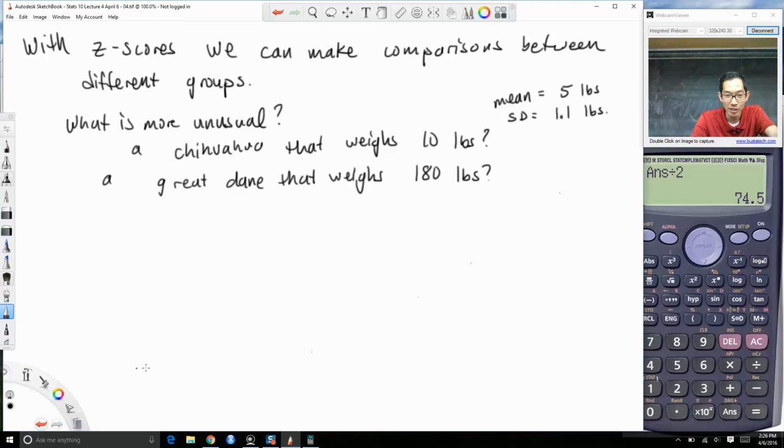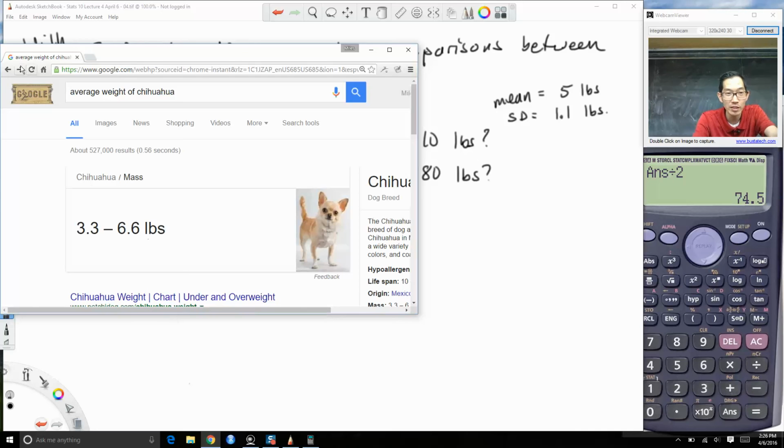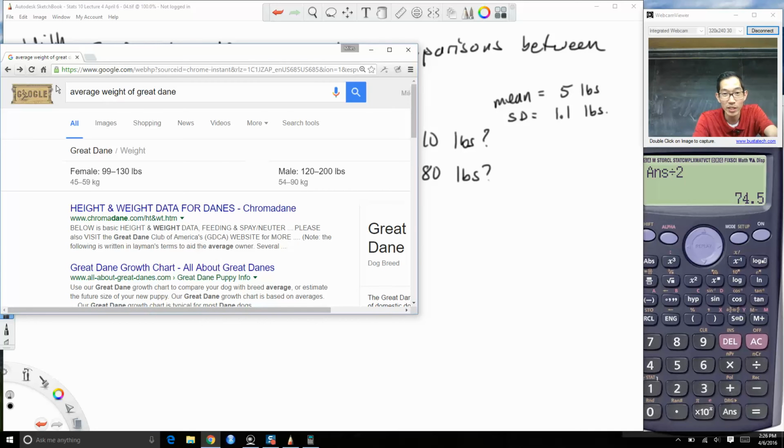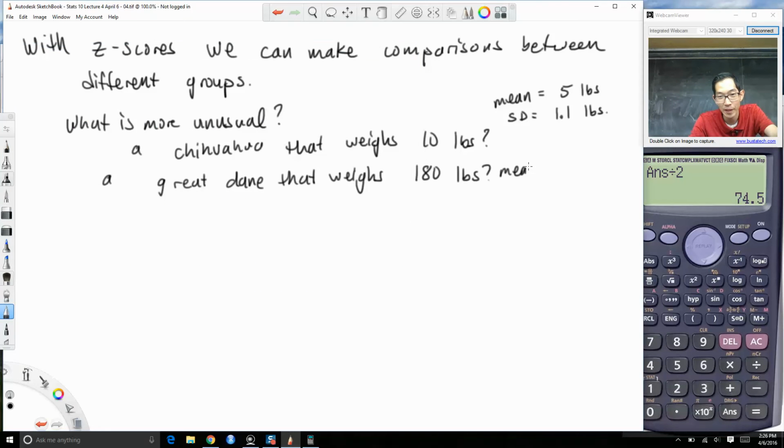And then the Great Dane, I looked this up, the average weight of a Great Dane, and here it says the males go between 120 to 200 pounds, so those are big dogs. We'll split the difference and say the mean is 160 pounds, and the standard deviation is something like 20 pounds. So what can we see here?